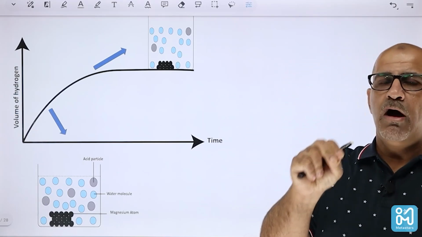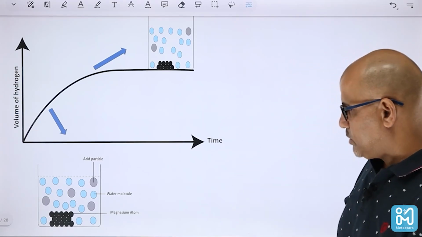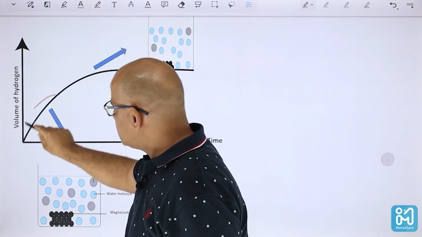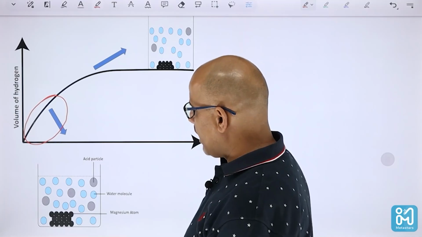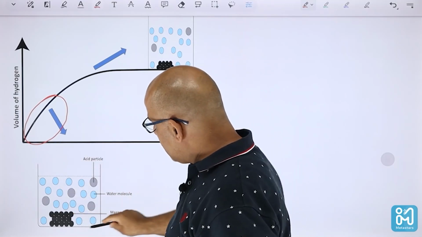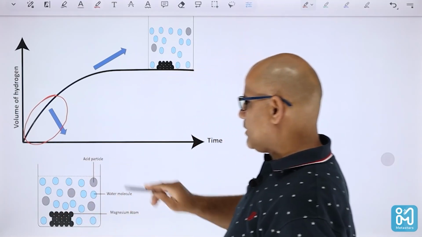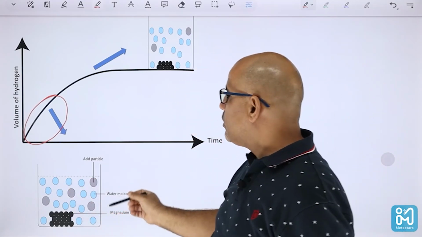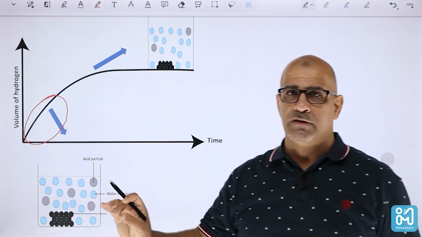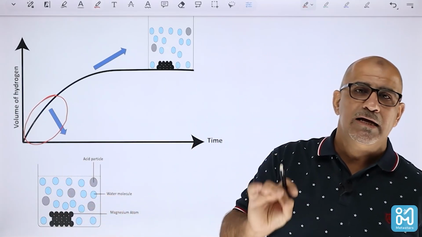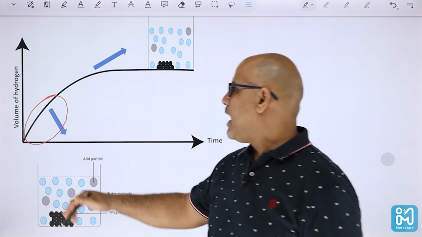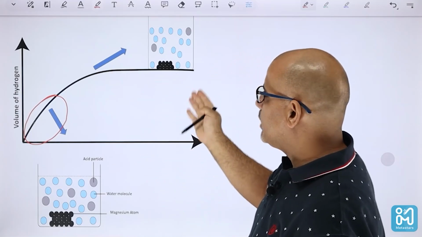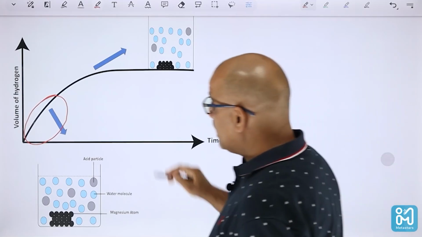At the beginning of the reaction, at this part of the graph, you will see a large quantity of the reactants, and the concentration of the reactants is very high, so the number of collisions between particles is greater than later in the course of the reaction.